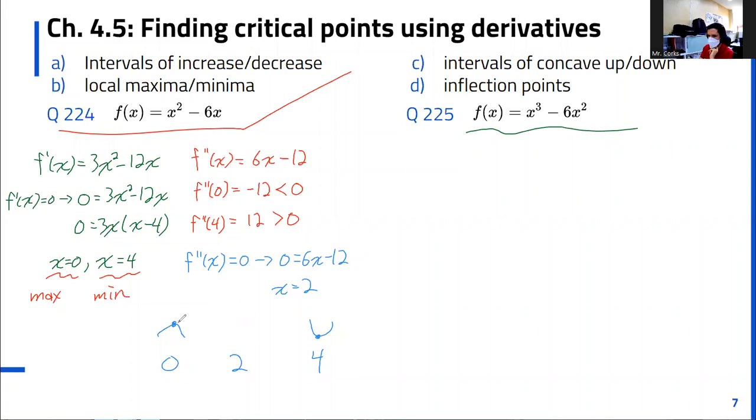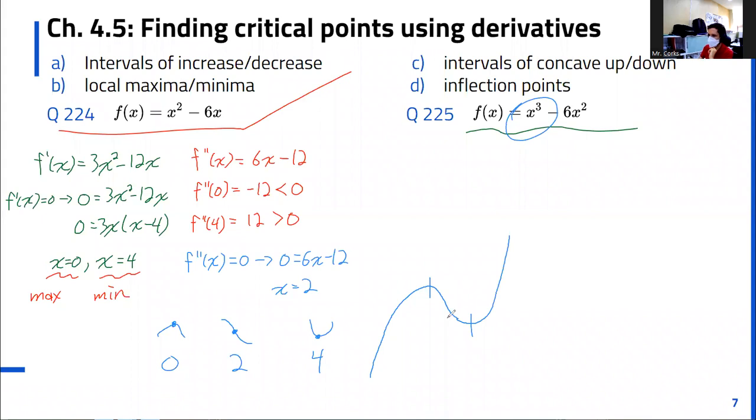So if it's between a maximum and then a minimum, it must be concave down and then concave up, sort of this kind of thing. Okay, so that gives us enough information. Like we can look at the leading term and what we know based on this, but separately, just with our derivative tools, we can also say, okay, so it starts at negative infinity, goes up, has a maximum when x is equal to 0, comes down, has an inflection point when x is equal to 2, minimum when x is equal to 4, and then curves up and goes to positive infinity.